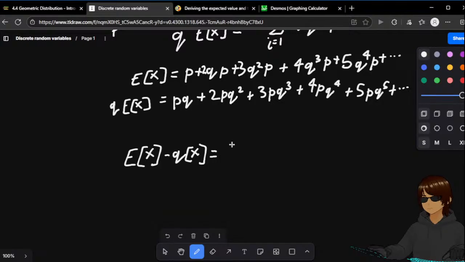And then we minus this. So we end up with P, P, and then 2 PQ minus PQ, 3 PQ square minus 2 PQ square, 4 PQ cubed minus 3 PQ cubed.